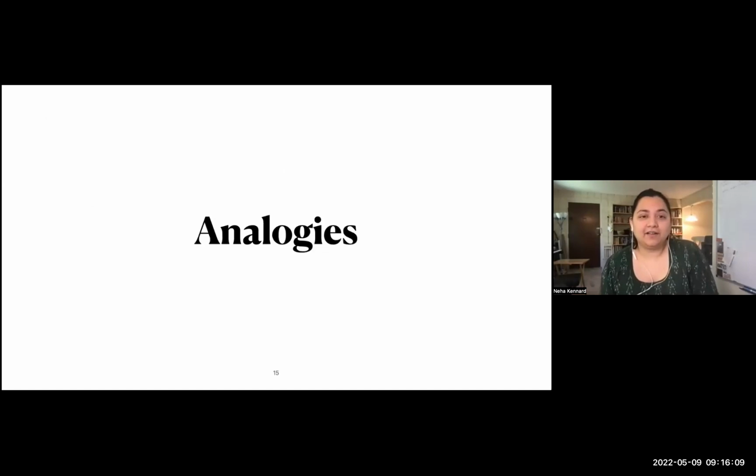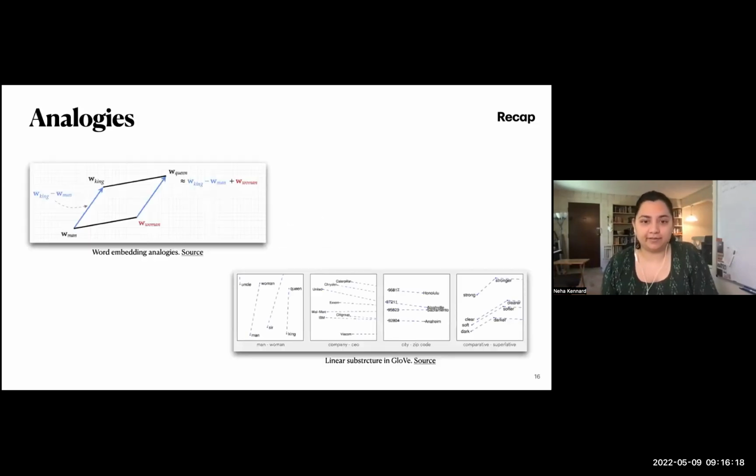Great. So I'm going to move right on to the next section, which is word embedding analogies. You probably are already familiar with this, because even if you weren't doing NLP in 2013, it got press even outside NLP. People were really excited that you could do this kind of math on vectors.